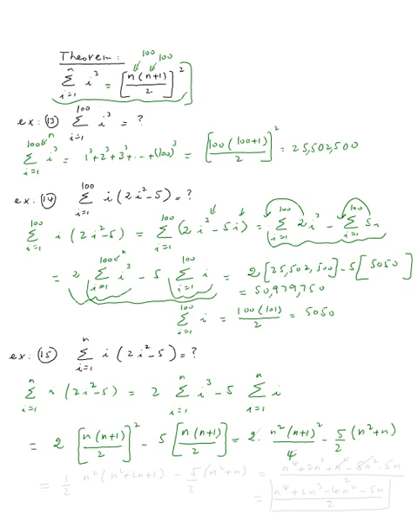Let me simplify it a little bit more. I'm going to distribute, 2 over 4 simplify the 2, you get 1/2, and then that will be n squared, and then this FOIL, n squared plus 2n plus 1 minus 5 over 2 times n squared plus n.